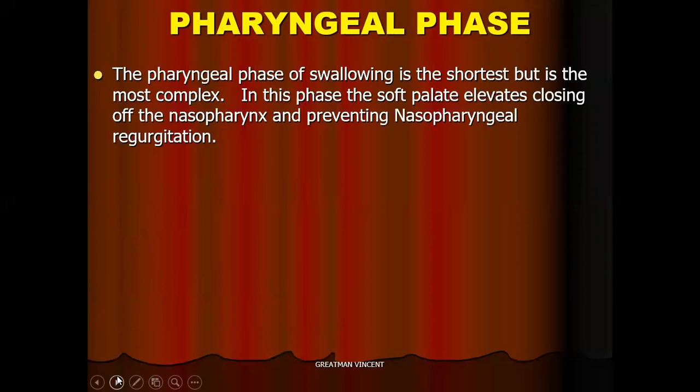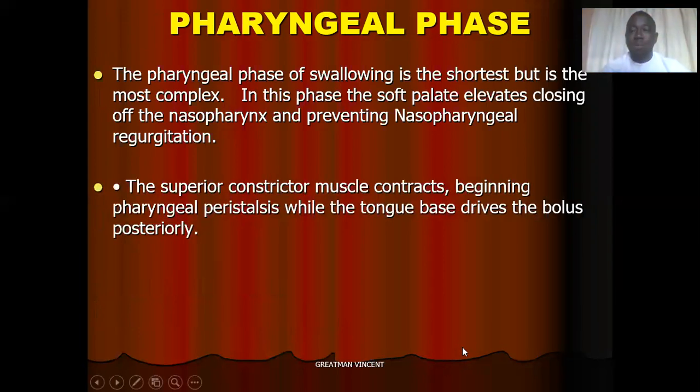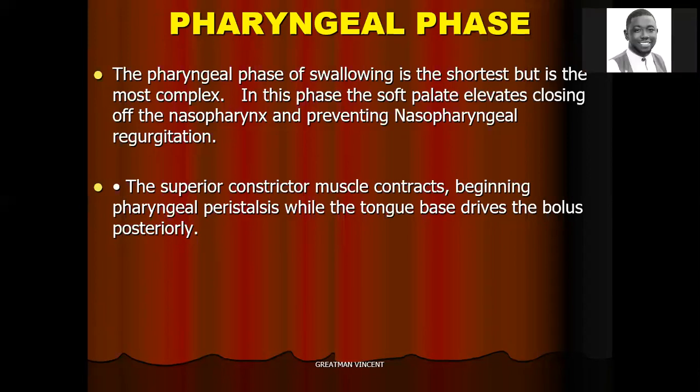Now, one thing that you don't need to forget is that the pharyngeal phase, although it is the shortest of all the three phases as far as swallowing is concerned, is the most complex phase of swallowing. It is most complex because at this phase there are a lot of innervations and a lot of contractions that happen. I'm not going to take time to go through all those things. We have a separate lecture that talks about that.